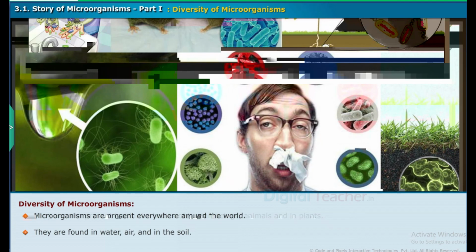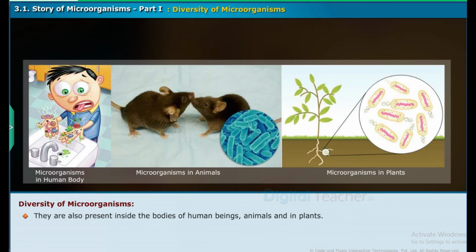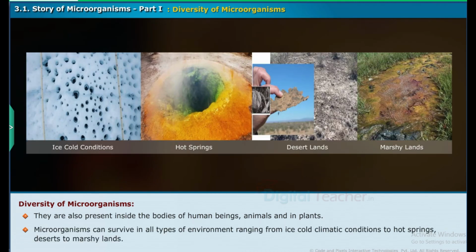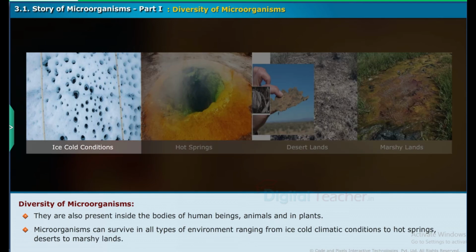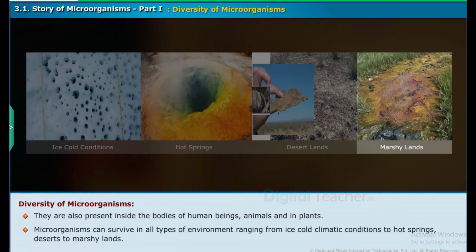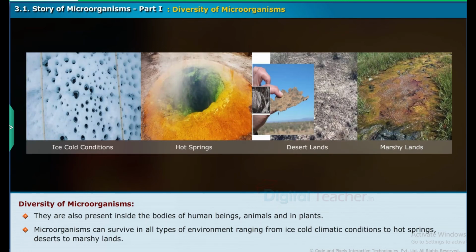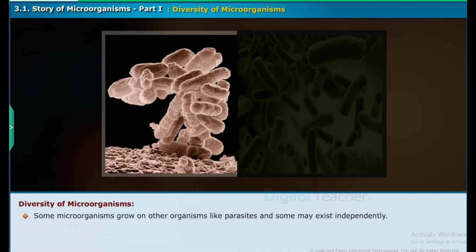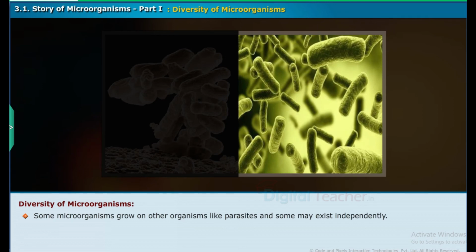They are also present inside the bodies of human beings, animals, and in plants. Microorganisms can survive in all types of environment, ranging from ice-cold climatic conditions to hot springs, deserts to marshy lands. Some microorganisms grow on other organisms like parasites, and some may exist independently.